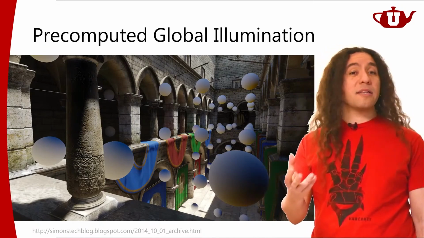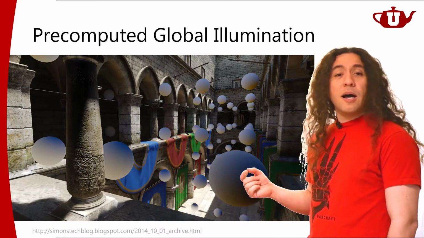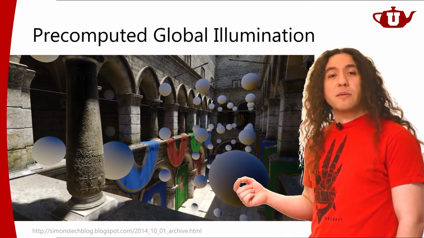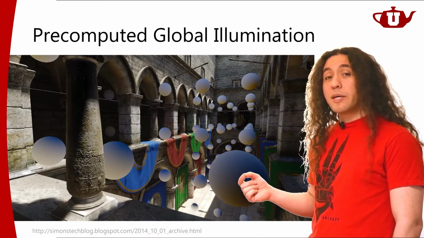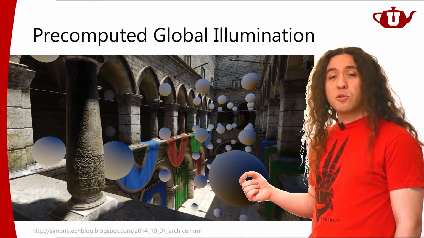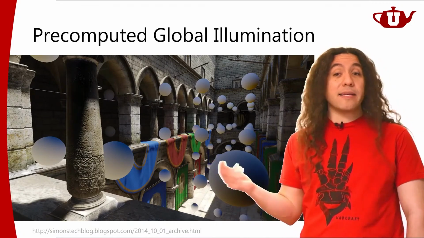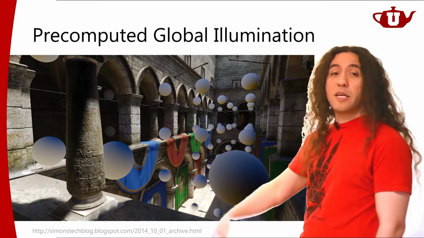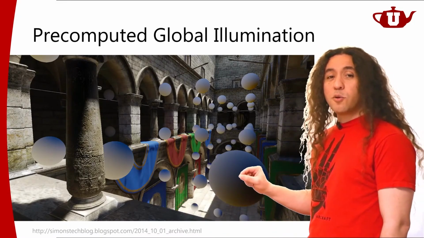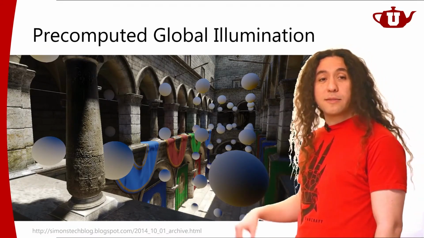That could be just the indirect illumination, or it could include the direct illumination as well. I am computing whatever part of the illumination that's expensive to compute, but I'm doing this ahead of rendering. I'm doing this in a pre-computation that can take hours or days. I don't care. It's going to take a long time. I run it on a cluster of machines, and finally I compute the illumination at all of these points.